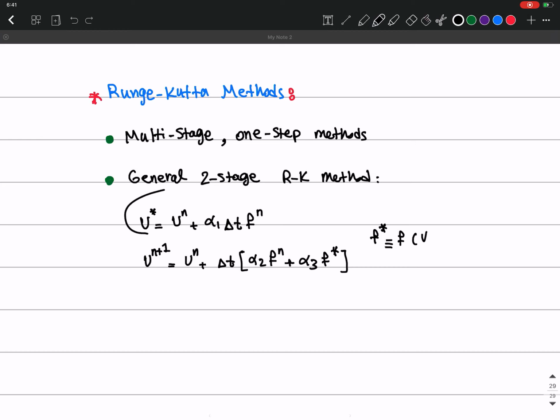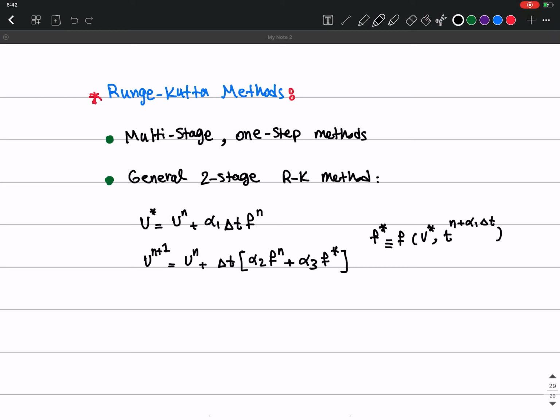So you get U star here, you calculate F at that time, using U star and Tn plus alpha 1 delta T. So Fn is clear, right? You will calculate it based on Un and Tn, which you have from the previous step here.